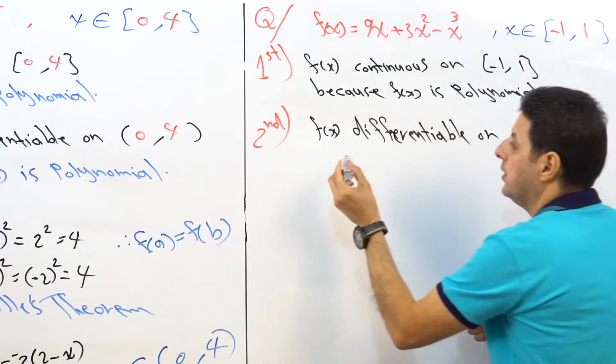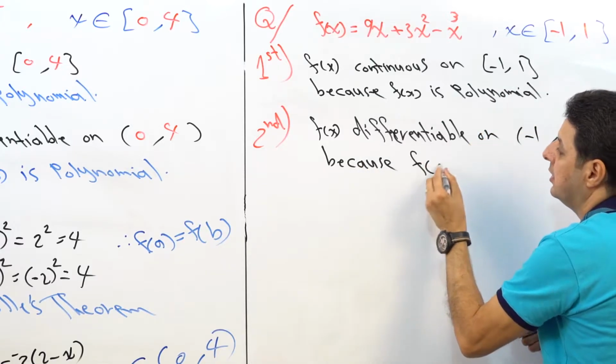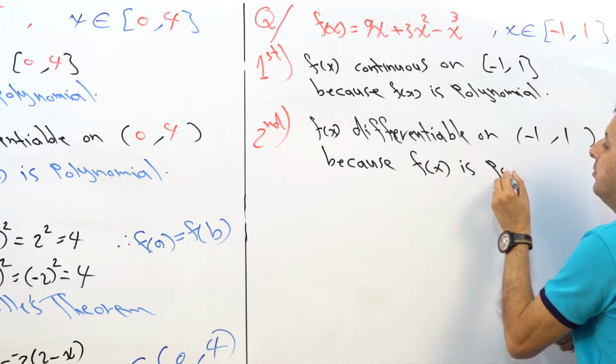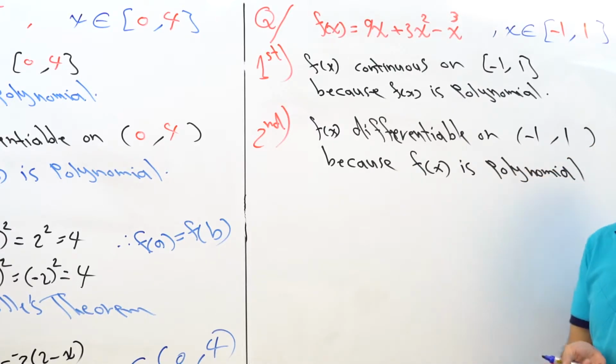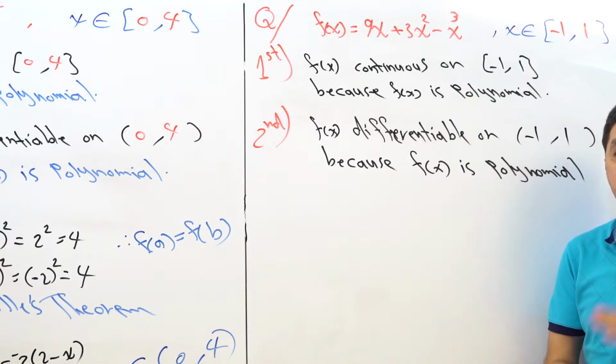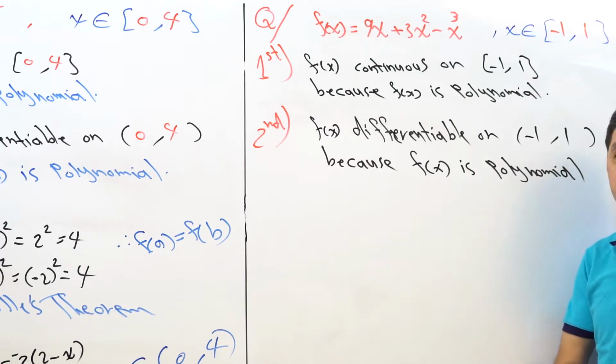Why? Because the function f of x is polynomial.